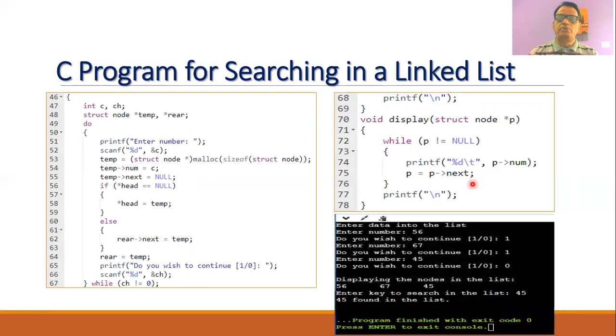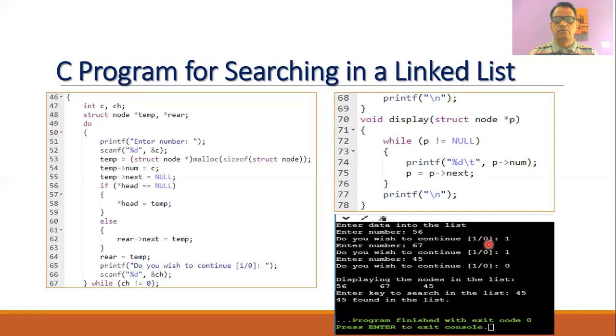So when you type such a program in any online C compiler and execute it, you will get the message as displayed in this window. Initially you will be asked to enter the data into the list. Suppose I have entered the data value 56, and then it will be asked whether I want to continue the list.